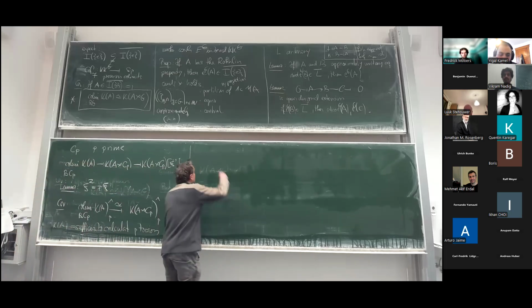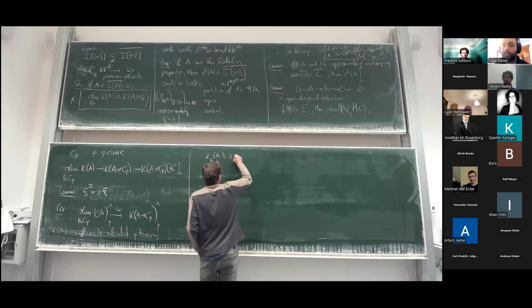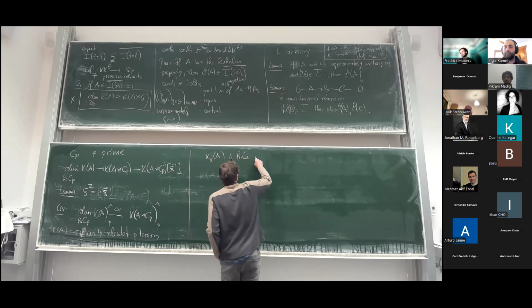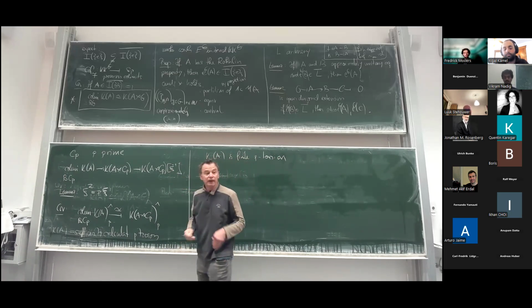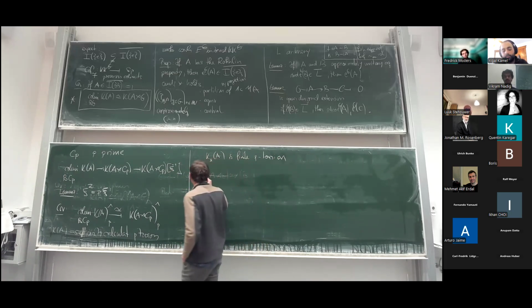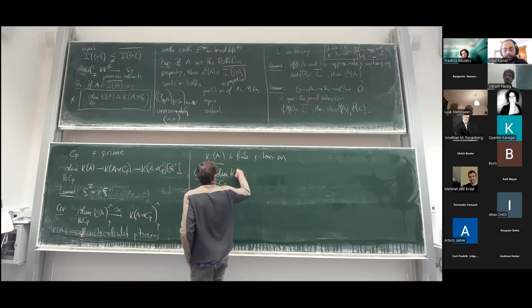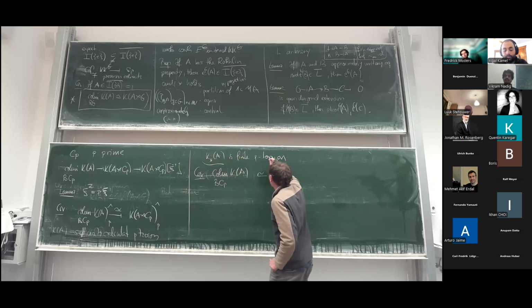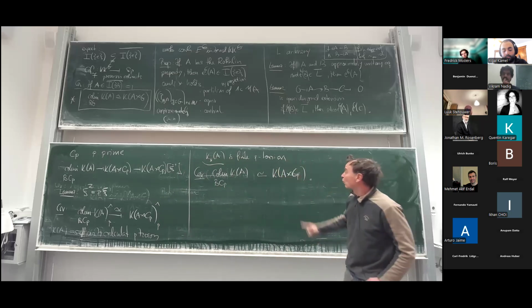So for instance, if you know that K star of A is finite P torsion, then if we invert P, anyway we get 0. So under this condition, we get that the co-limit formula is true without completion. So we can forget the completion.